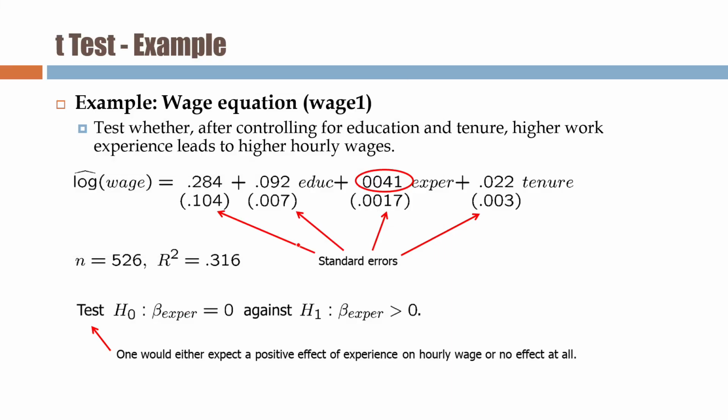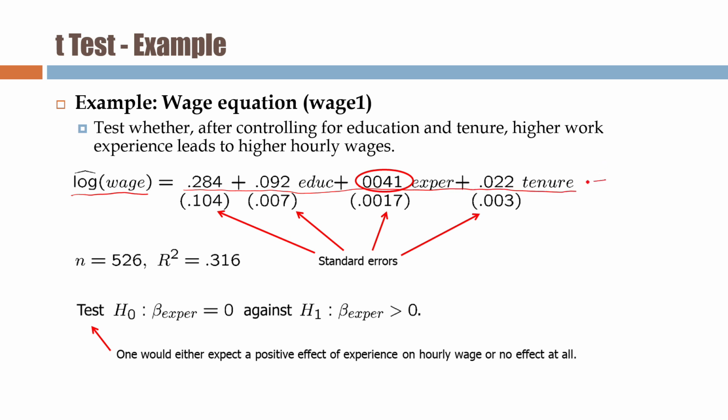So this is one example, wage 1. I think this is the sample we used in the previous chapter. To make it more favorable for the normality assumption, we take a log here, and then we do the regression. So we find all these numbers.